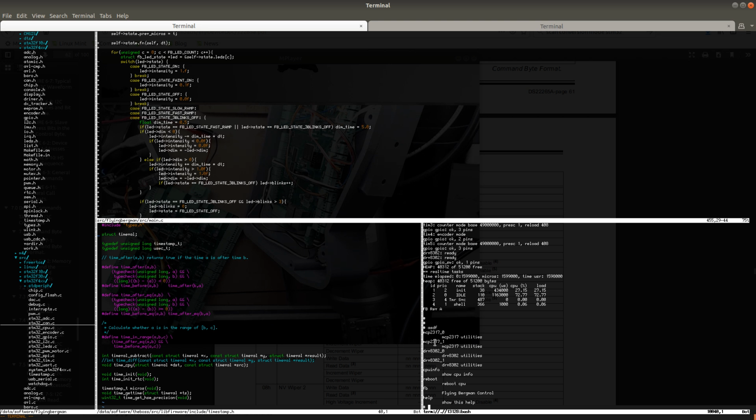But when it comes to debugging the startup, one of the ways I use is I fire up GDB and I check where the program has stopped.